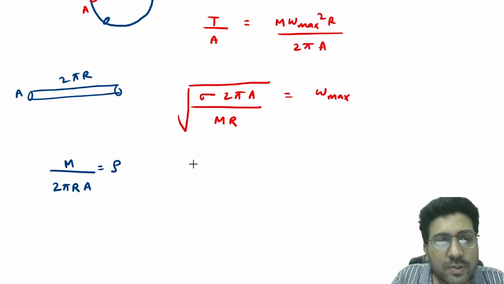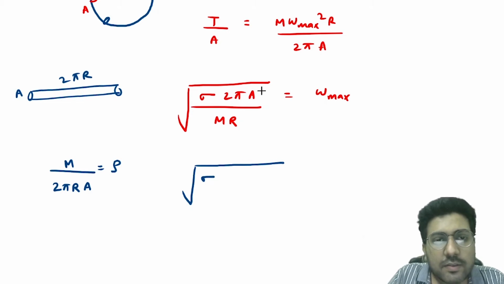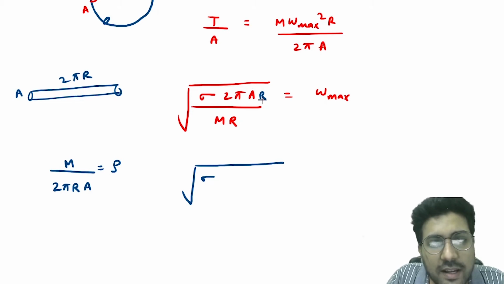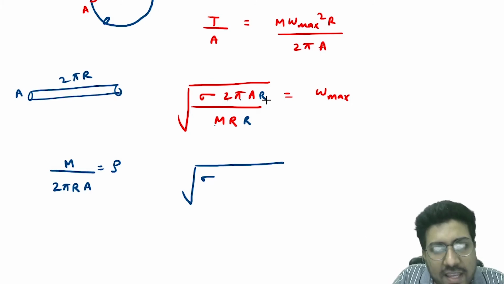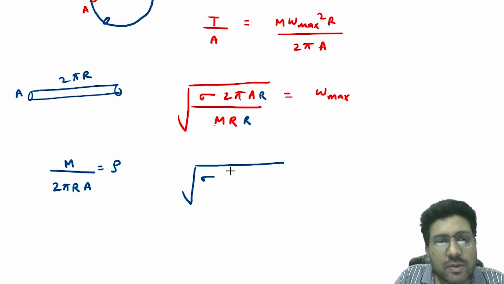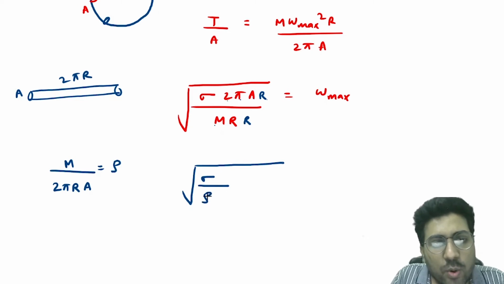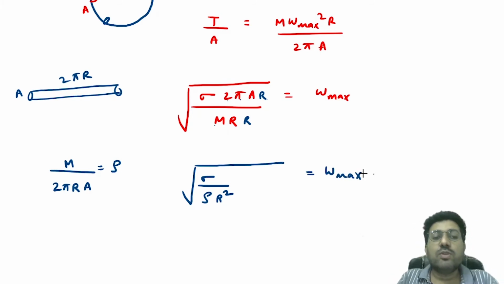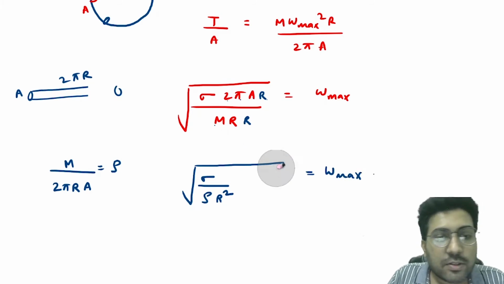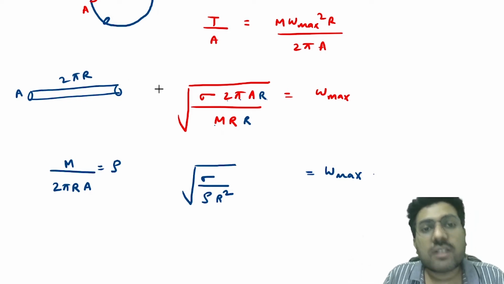So what we will do here is, this can be written as root over sigma. We will multiply this by r and divide this by r. Then m divided by 2 pi rA is density. Okay, so you will write sigma divided by rho r square is equal to the maximum angular velocity that can be given to the ring so that it does not break.